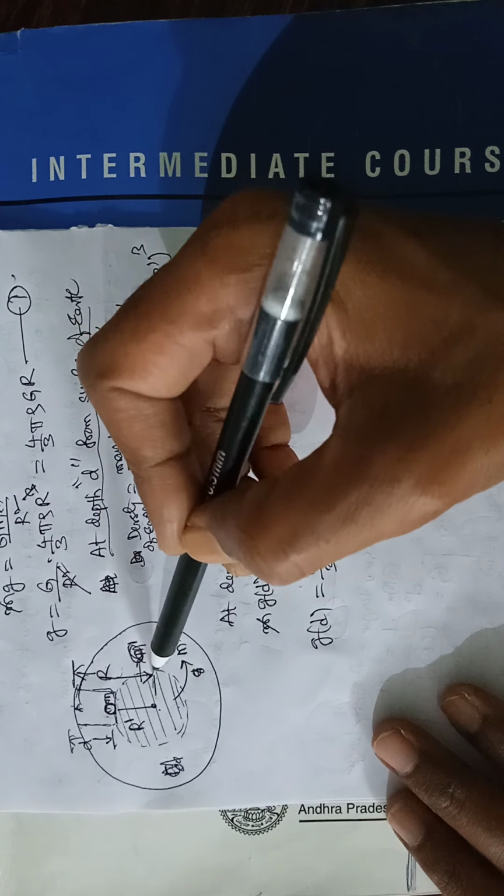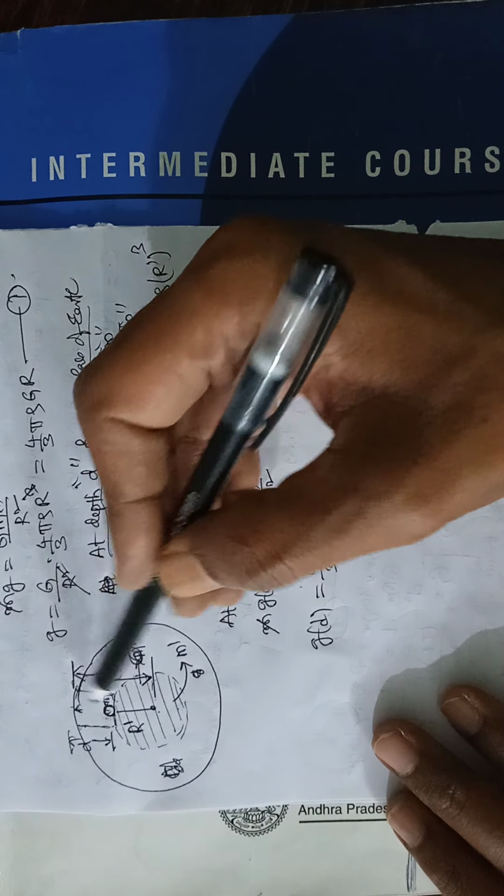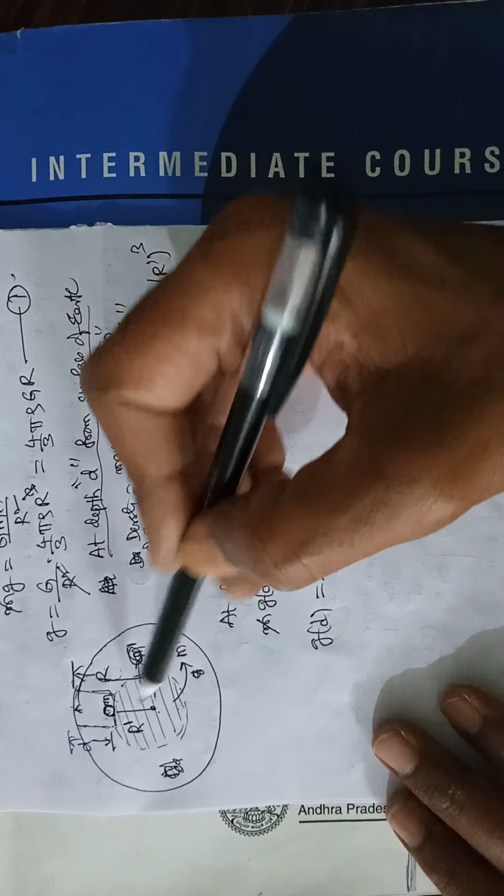Now from this r, if you subtract this depth d value, you get r dash.